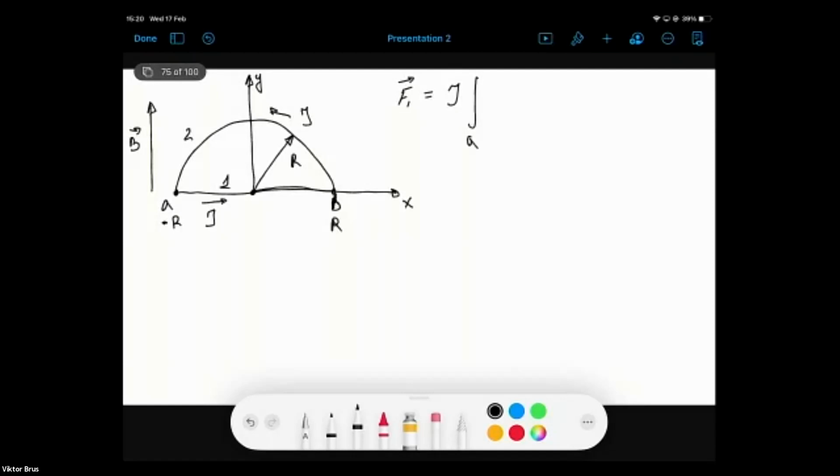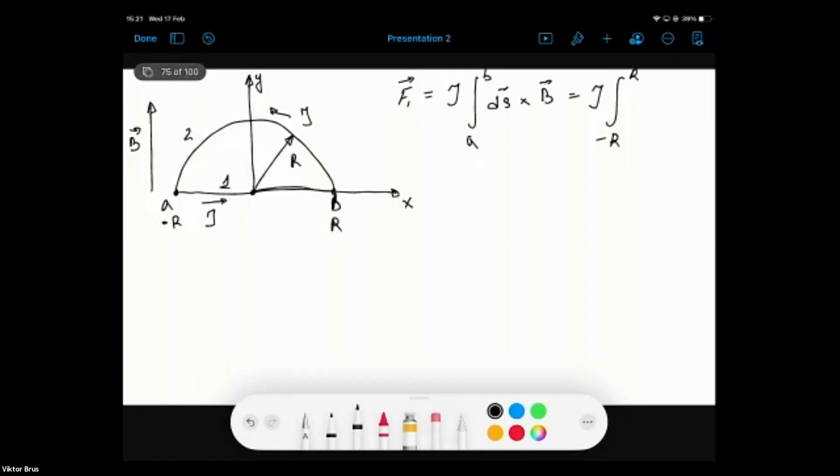It will be the integral from point A to point B of ds, vector product with the magnetic field vector. Then it will be equal to the electric current times the integral from minus r to r, which corresponds to the coordinates of these points.